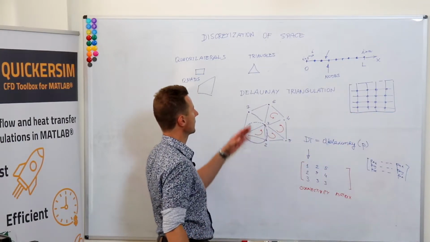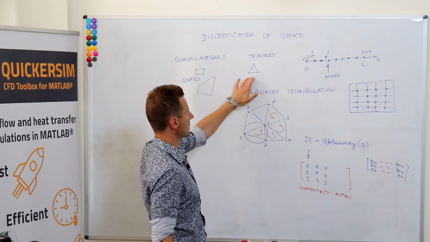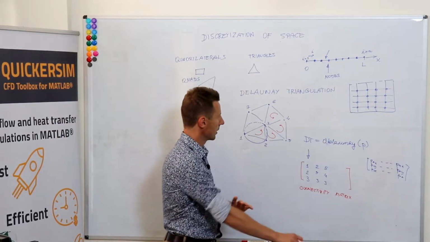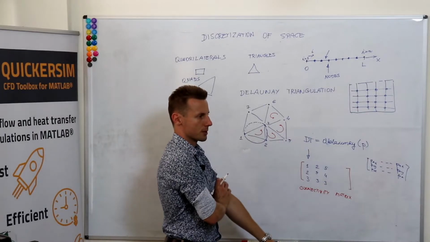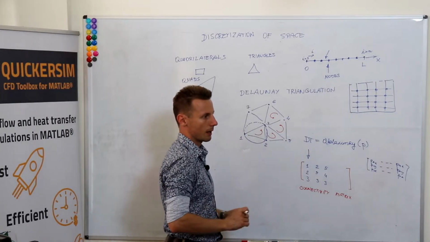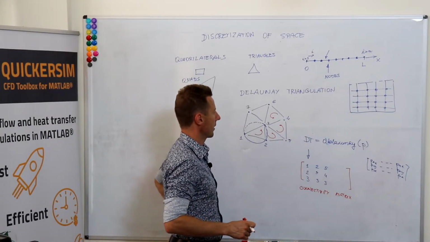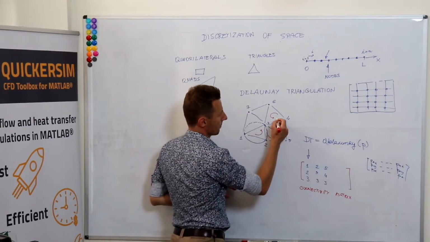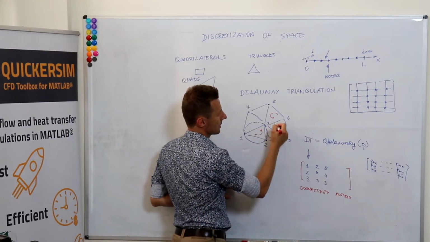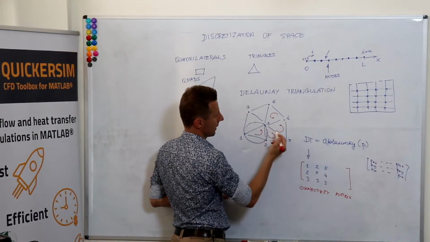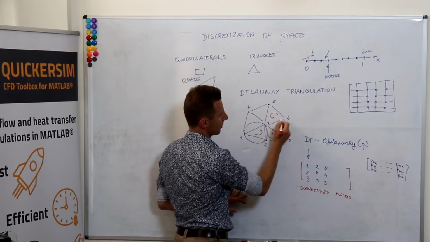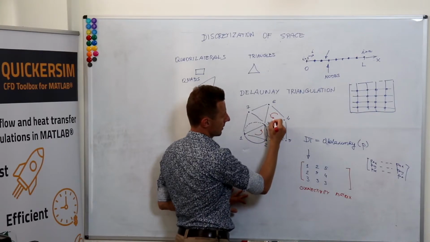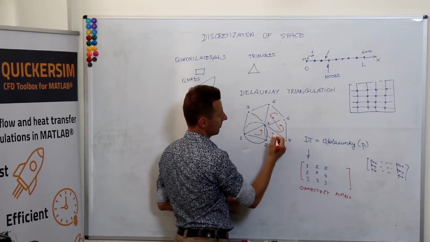Are there any alternatives in 2D to quadrilaterals or triangles? Yes, there are. One of the concepts, I think polymeshes exploit this concept, but they are not very commonly used. The idea is the following. You can generate a mesh by subdividing each of these lines by half.